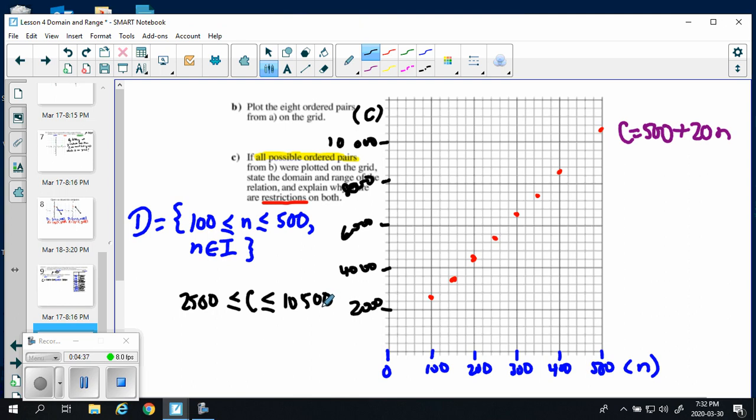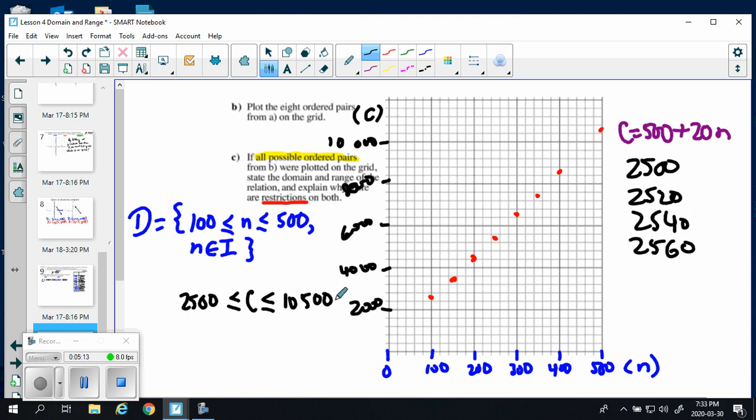It is not possible for the value of the cost to be $2,500.50. It's not even possible for it to be $2,501 because if you refer back to the formula, we're paying $500 as a flat rate and $20 per person. So actually, our price is only going to go up by intervals of $20. So for example, we could have $2,500, we could have $2,520, we could have $2,540 and $2,560, but not the values in between.